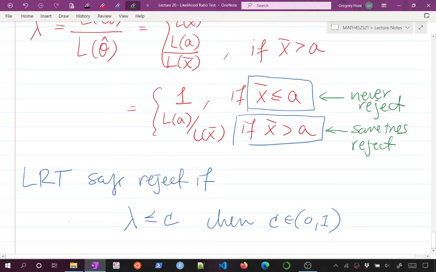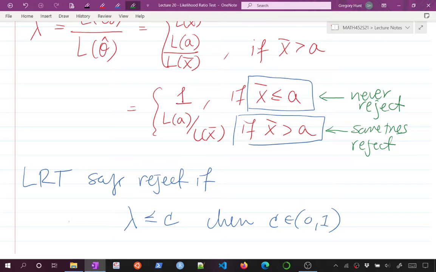which makes sense. At least we potentially have some evidence that our overall mean is bigger than A, because the sample mean is bigger than A. So maybe it is, but maybe that's just a probabilistic occurrence. Maybe it actually is smaller than A, but we just randomly drew a sample that happened to have a sample mean bigger than A. So in the second case, sometimes we reject, sometimes we won't, which makes sense.